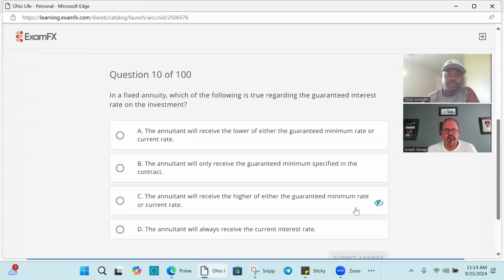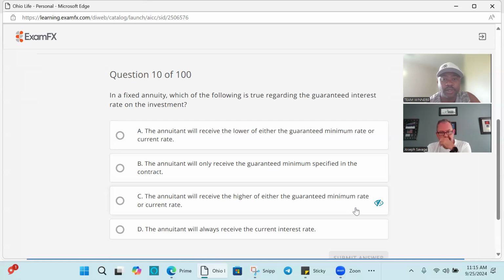In a fixed annuity, which of the following is true regarding a guaranteed interest rate on investment? The annuitant will receive the lower of their guaranteed minimum rate or current rate. The annuitant will only receive the guaranteed minimum specified in the contract.